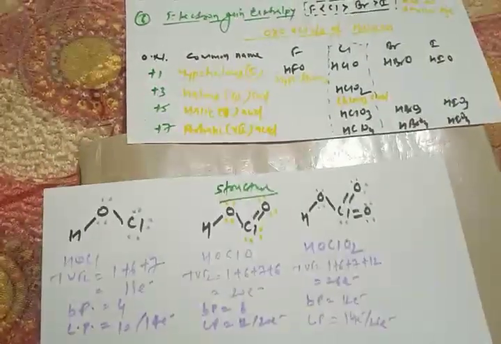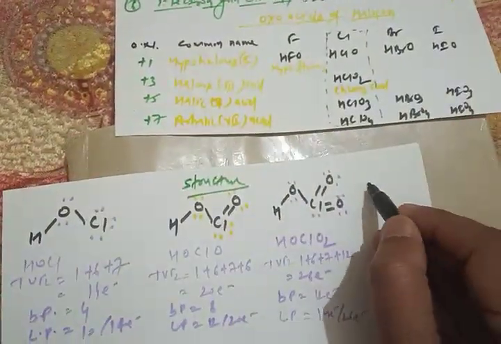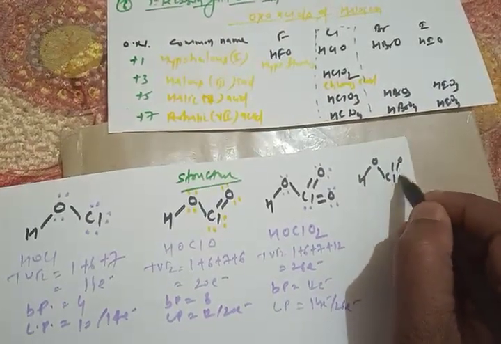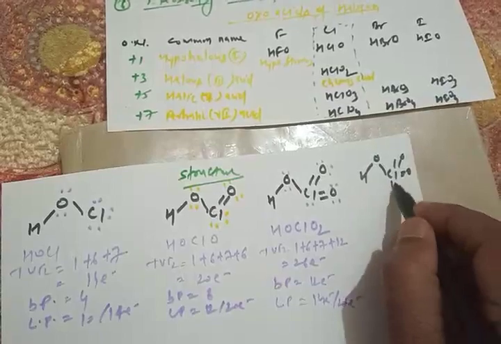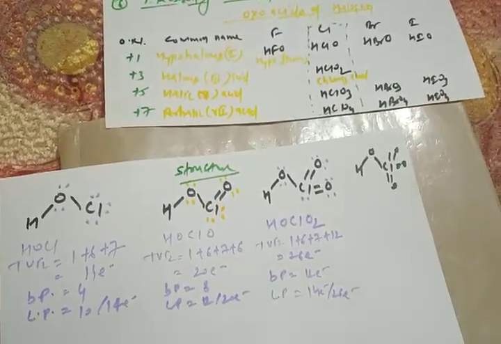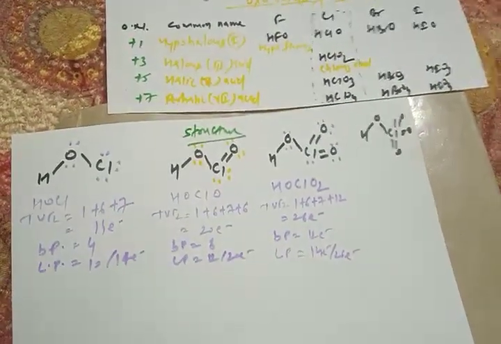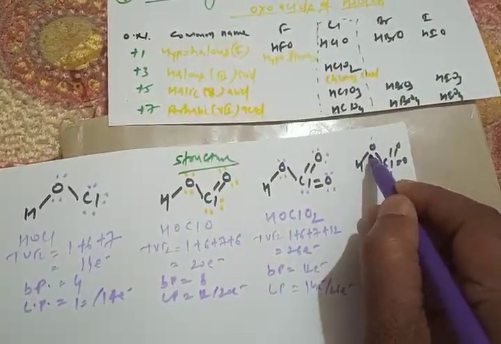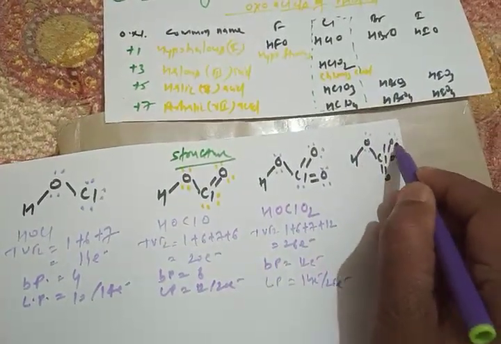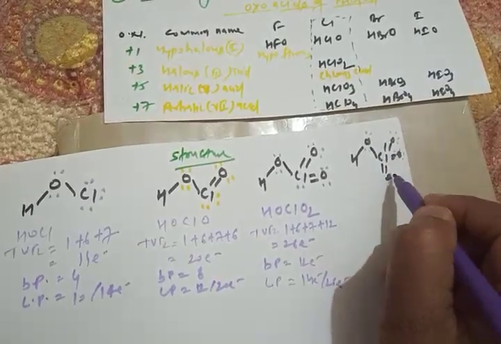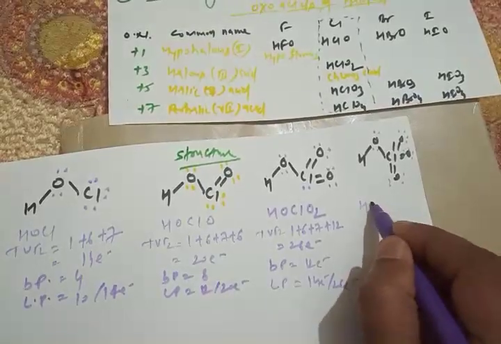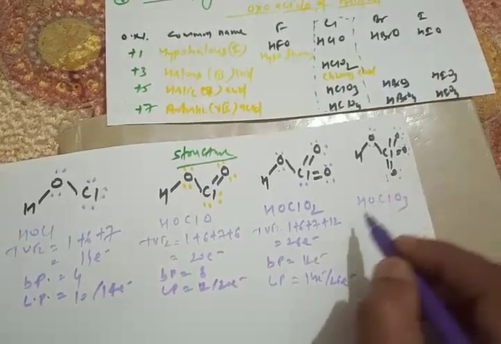And we are left with one structure: H, O, Cl, with double bonded O, double bonded O and double bonded O. So now the three lone pairs at the chlorine are completed by the three oxygen atoms. So the formula here is HOClO3.